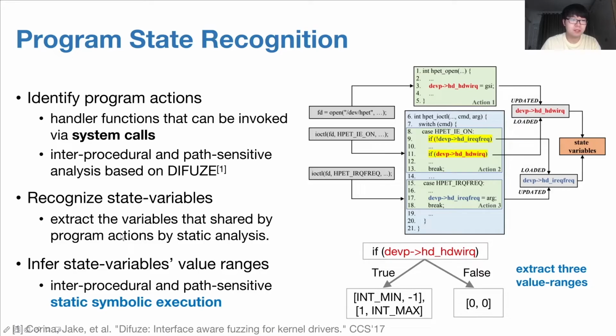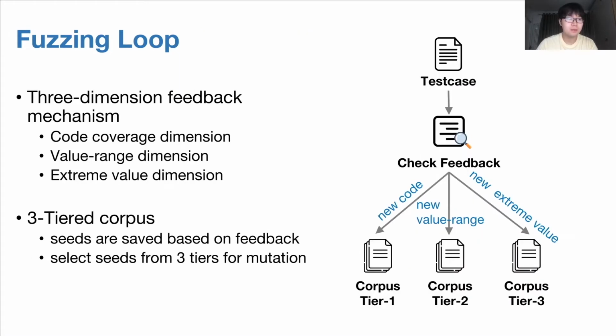We use inter-procedure and path-sensitive static symbolic execution to infer state variables' value ranges. For example, from the conditional statement in line 11, we can infer 3 value ranges. In the fuzzing loop, StateFuzz uses a 3-dimension feedback mechanism to guide state exploration.